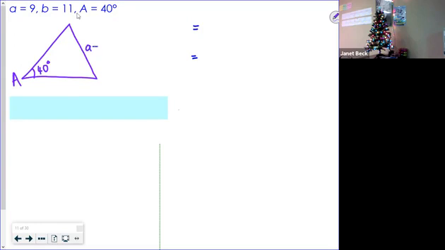Its corresponding side must go opposite it. We've been given another side, which we're going to write here, and that was side length B. So this is angle B. We weren't told, but it must be triangle ABC. So side length C and angle C, we don't know.